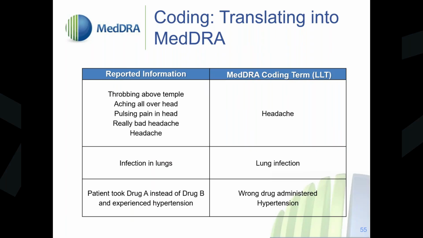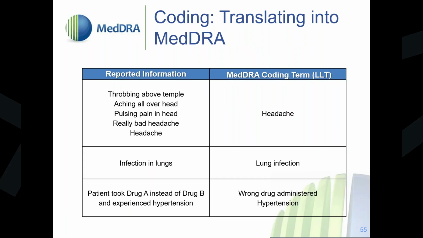We know that these are headaches, so we can choose the LLT headache because that's what these conditions represent. Infection in lungs, we do have lung infection in MedDRA. We don't necessarily have the words infection in lungs as an LLT in MedDRA. So it doesn't have to be an exact match to the verbatim, but it has to be the closest match to the verbatim.